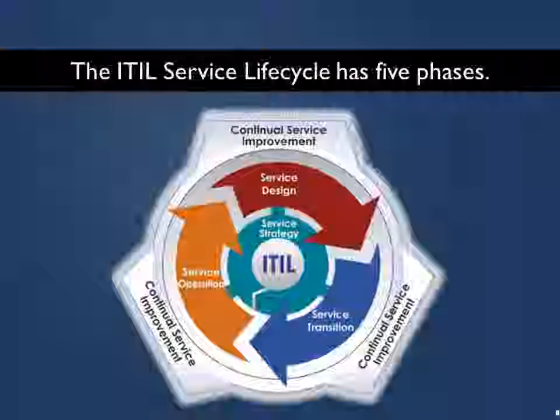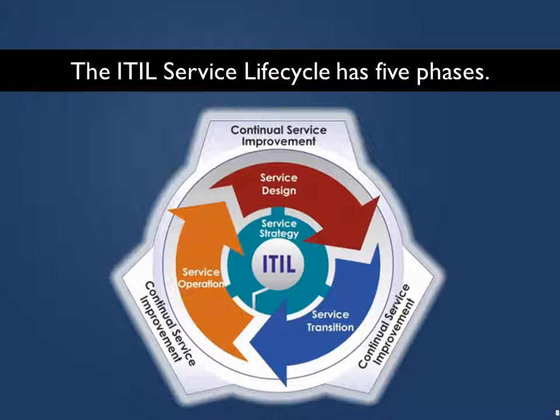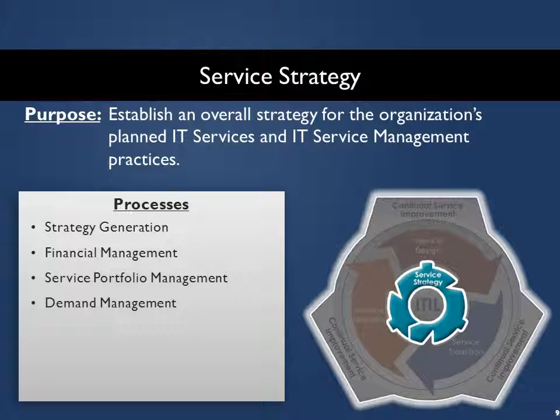The lifecycle of a service has 5 phases: service strategy, service design, service transition, service operation, and continual service improvement. The first lifecycle phase is service strategy. Within service strategy, there are 4 sub-processes: strategy generation, financial management, portfolio management, and demand management.